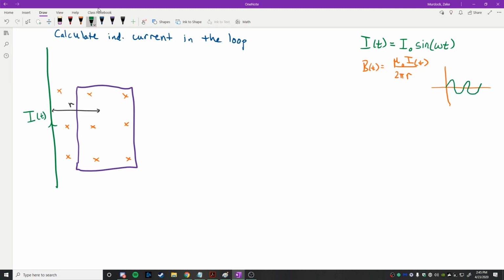So sometimes it's positive and sometimes it's negative, right? Which means that the magnetic field's going to go into the page and then out of the page, into the page, out and out and out. Does that make sense to you guys? I want to calculate the induced current in the loop. So, this requires that we use Faraday's law.